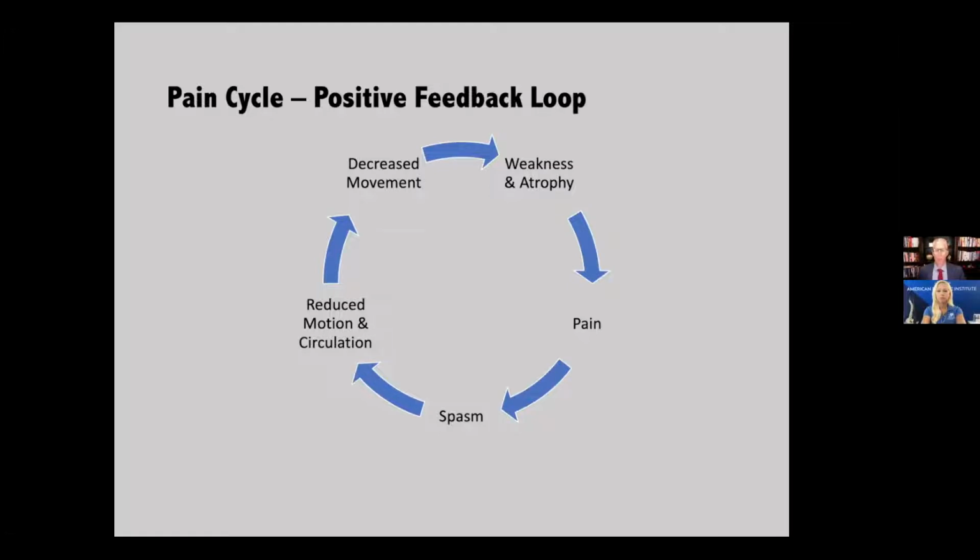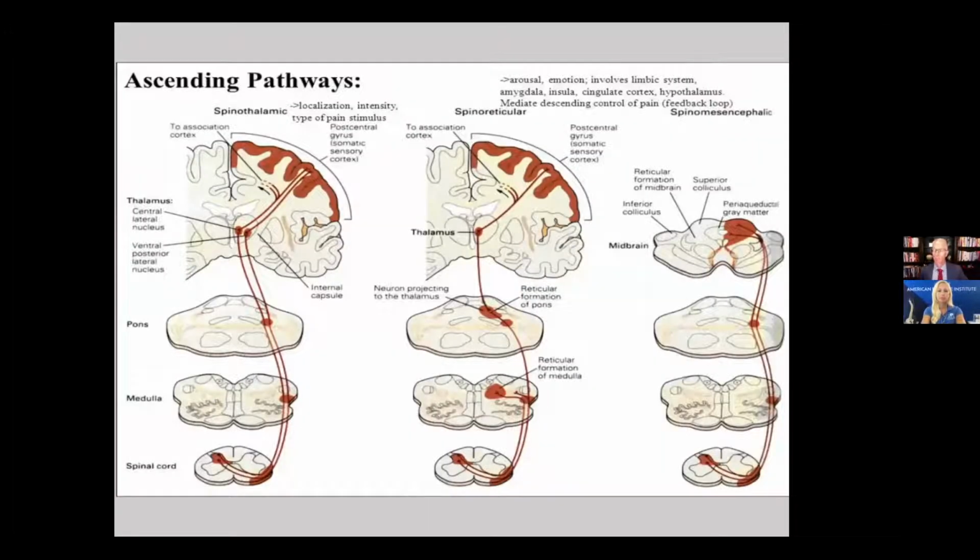You don't move it because it hurts. And then you get decreased movement, and then you have more weakness and atrophy, and then you still have to move. So it just cycles around. So the positive feedback loop in pain is something that needs to be broken, because if it doesn't, it will just perpetuate indefinitely.